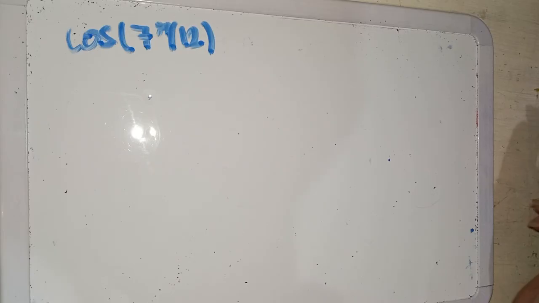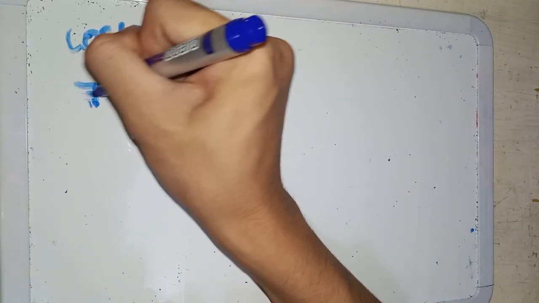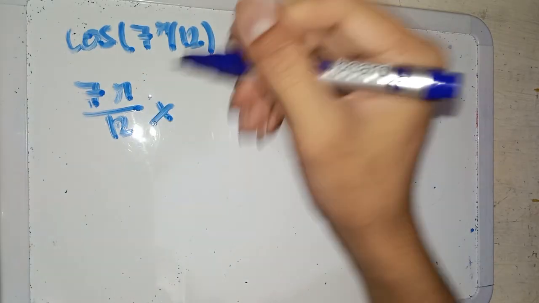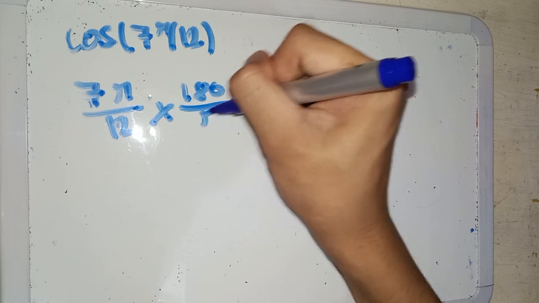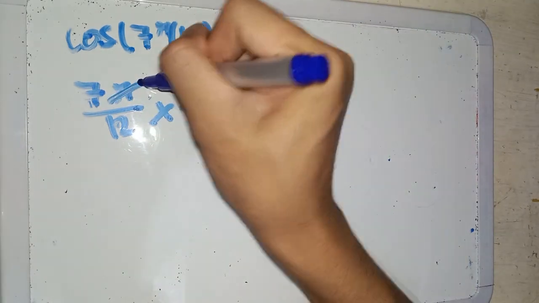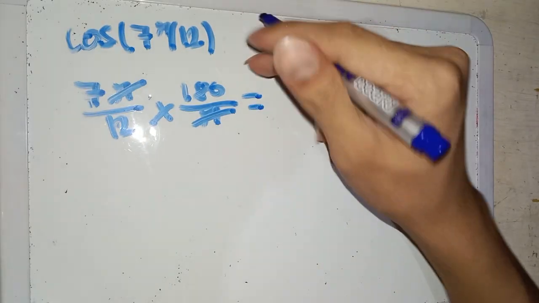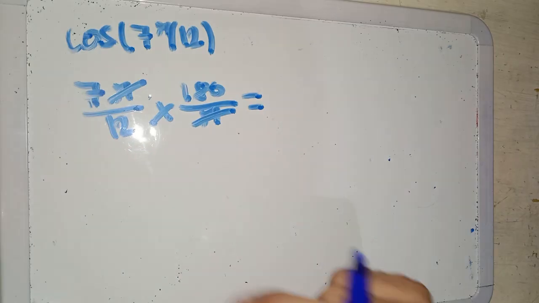To do that, we need to multiply 7 pi over 12 times 180 over pi. The pi will be cancelled. So, we need to multiply 180 by 7 and divide it by 12.